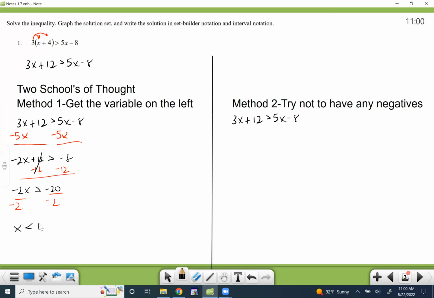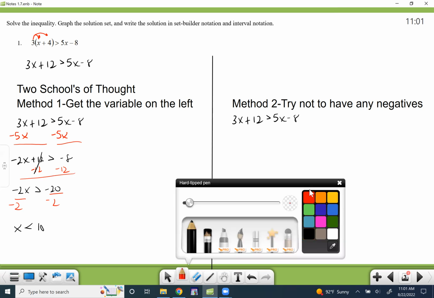A negative divided by a negative is a positive. Okay, so x is less than 10. Now with the other way, so the con to this one, why people maybe wouldn't do it, is some students forget to flip the inequality. That would be me. And so when they divide by a negative, they would have a chance to get it wrong. So the reason why some people might do the second method is that.